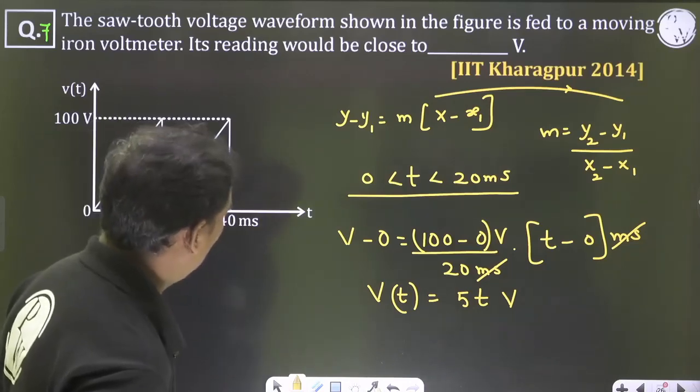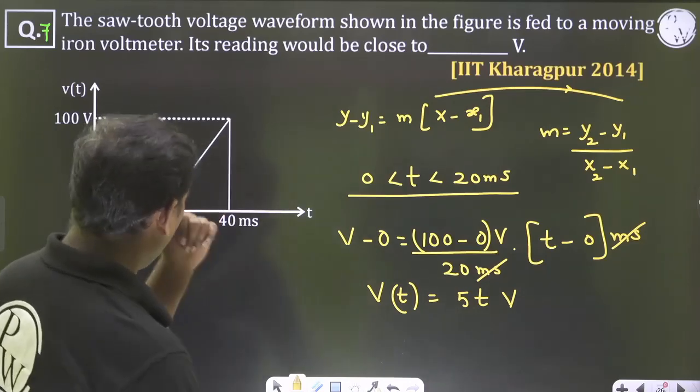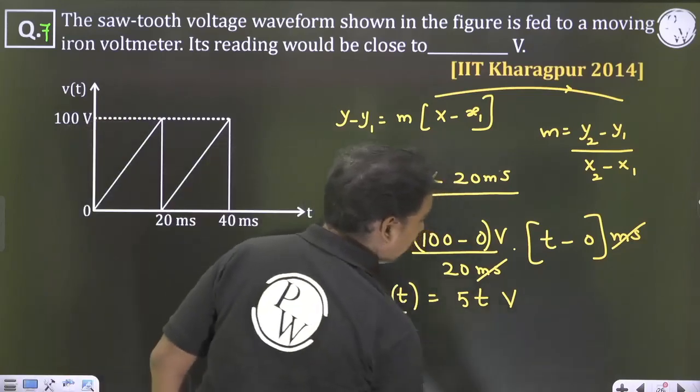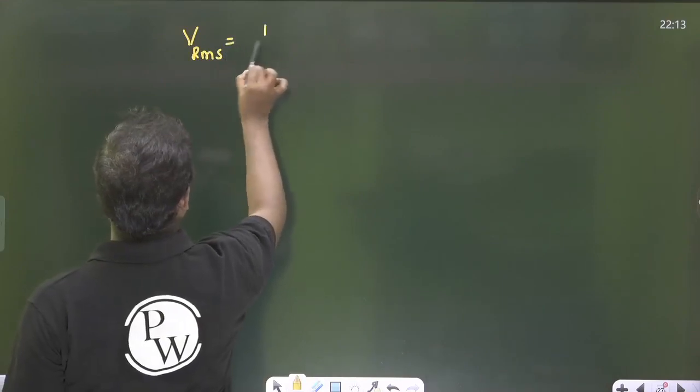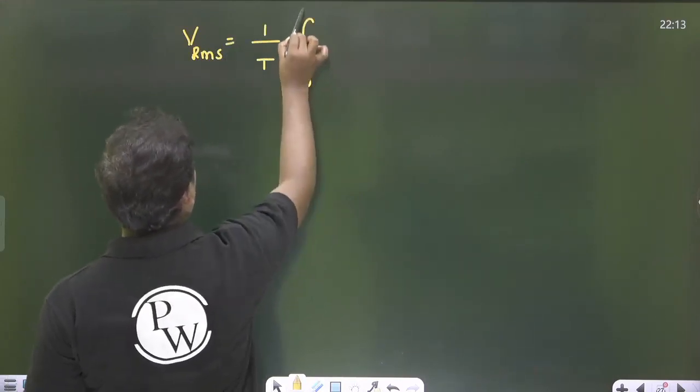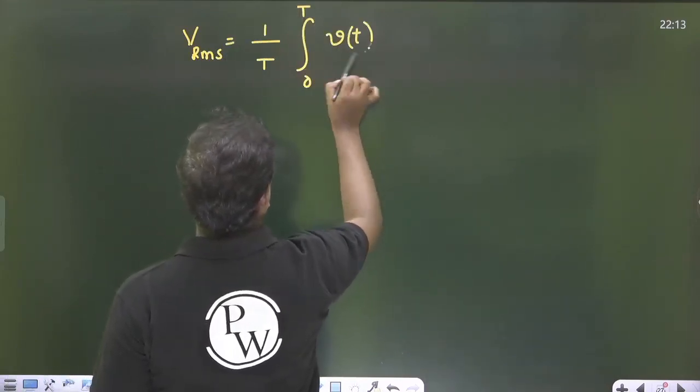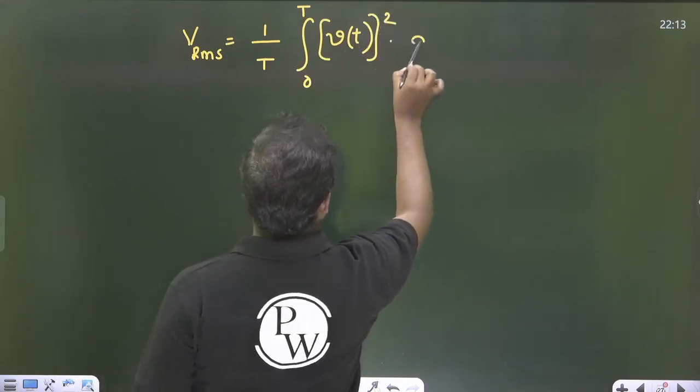Yes, 5t. So now what is the integration? We can take V RMS as the square root of 1 by T, integration from 0 to T of v of t whole square dt.